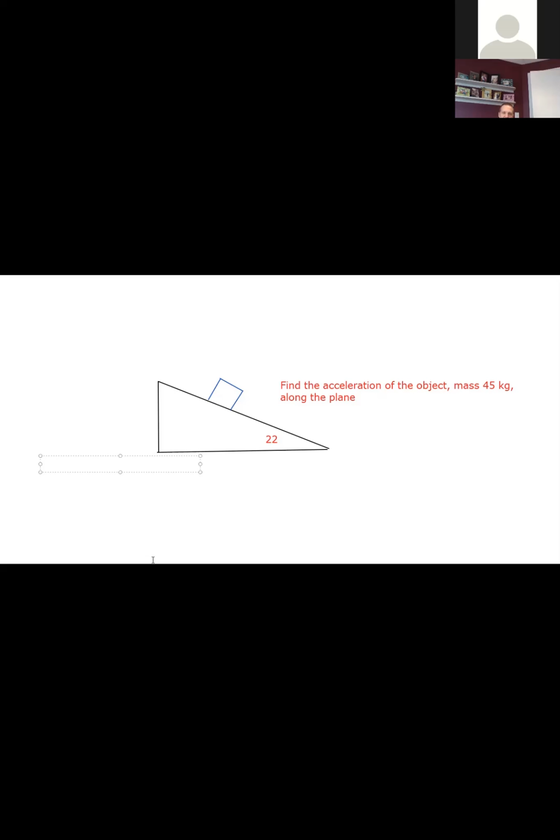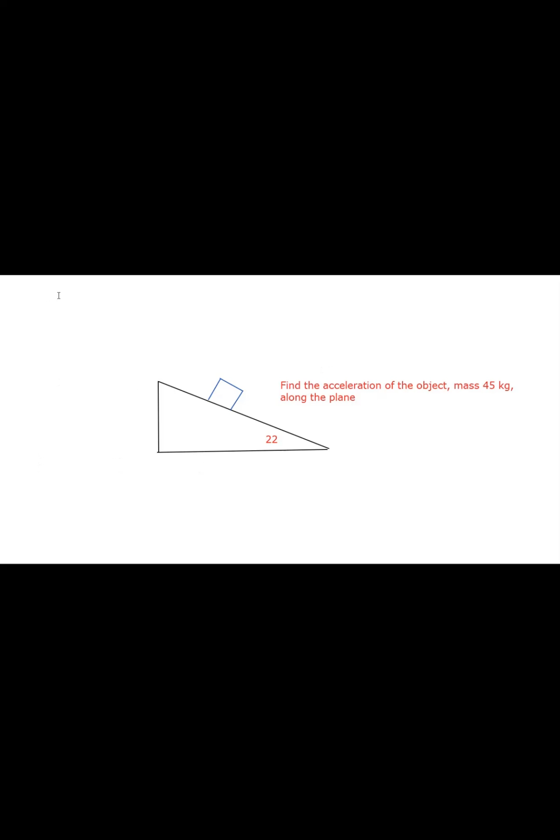All right, let's take a look at this problem. We have this object on an inclined plane. It has a mass of 45 kilograms, so the weight of the object, I'll do a different color, is straight down.